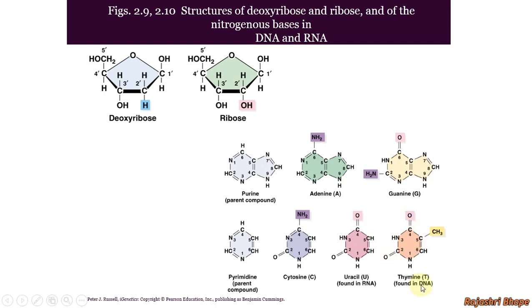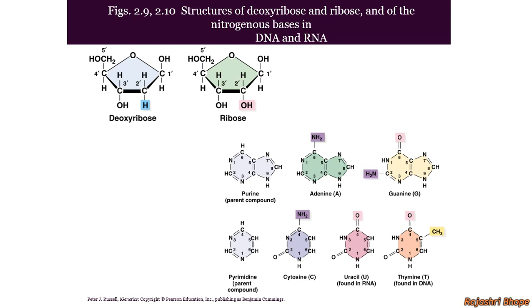2,4-dioxypyrimidine. Now you can see that in thymine and uracil only one difference is there: at the 5th carbon, thymine is methylated, 5-methyl 2,4-dioxypyrimidine. Okay. Uracil is the base which is present in the RNA molecule, not in the DNA.